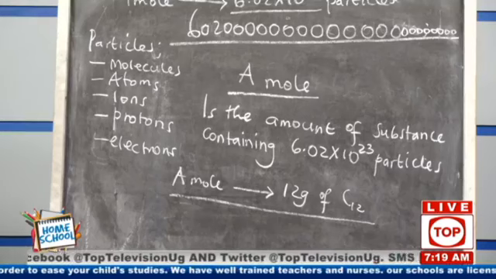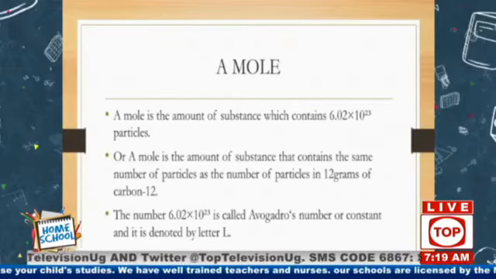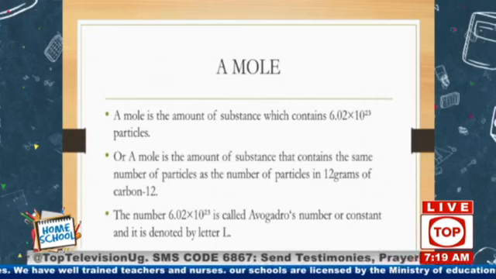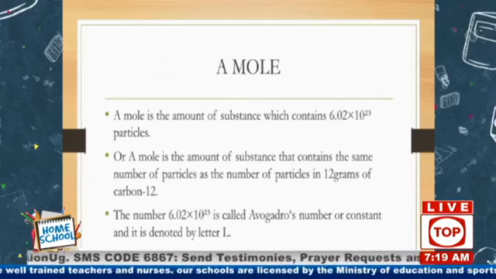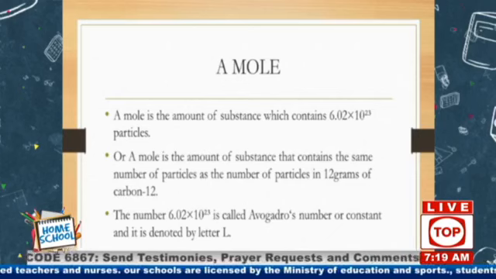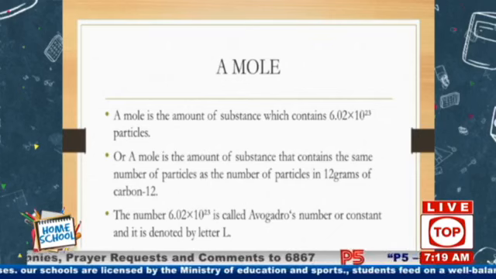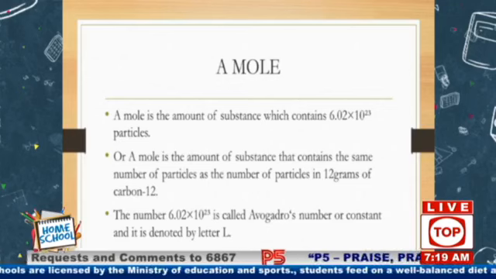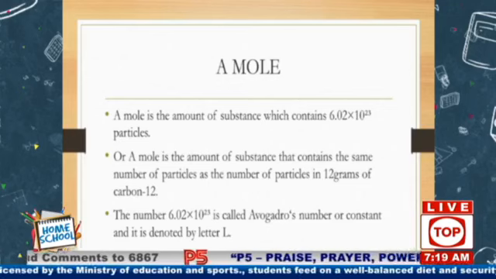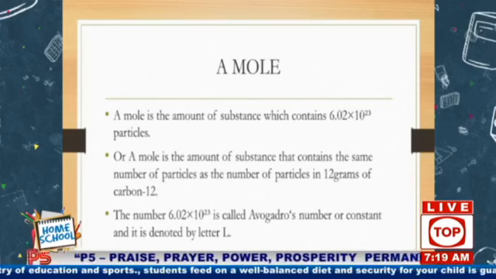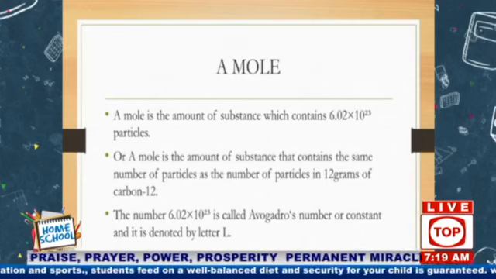If you want to know how much a mole is in terms of grams, you just refer to 12 grams of carbon 12, and you get the amount of a mole. So this mole, who came up with this one? Was it a group?